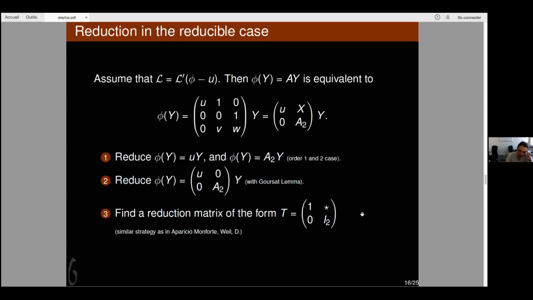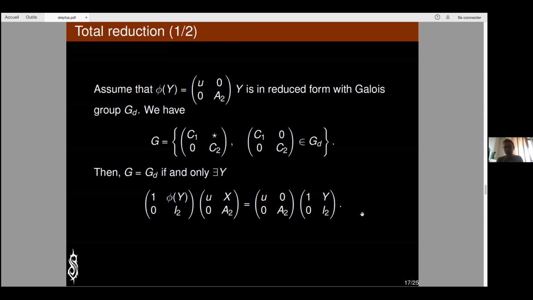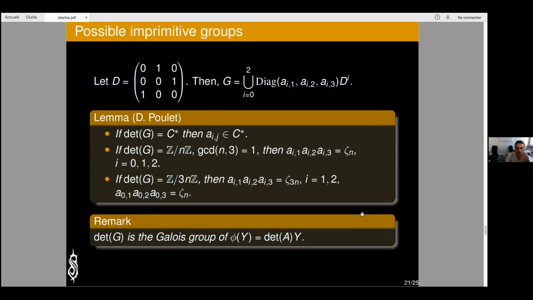And to be honest, if I had to look for a strategy, I think I would not try to compute more than the identity component, because, for instance, when you consider equations that are not of prime order, it should be awful, because you don't necessarily have a block of size 1.